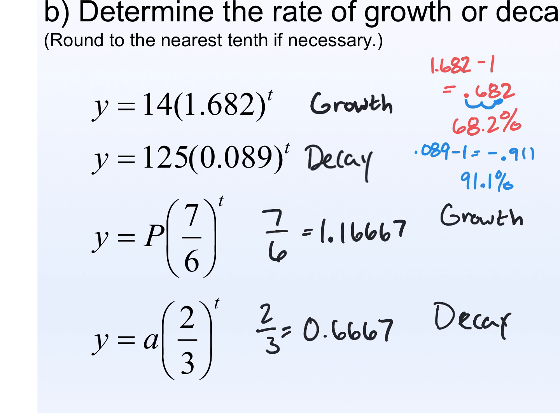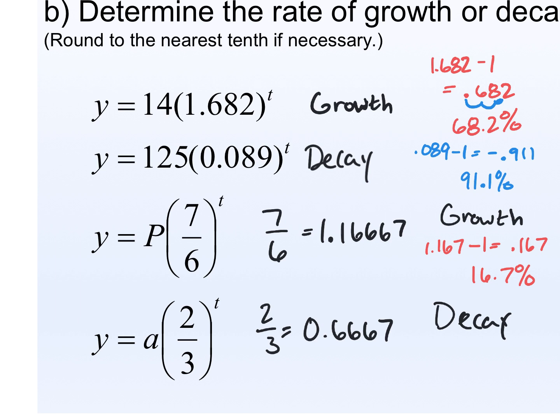Down here, same idea. You go 1.167. I'm just going to go ahead and reduce it down some. Minus 1. So you get out 0.167. Then if you slide that over, you get 16.7%.